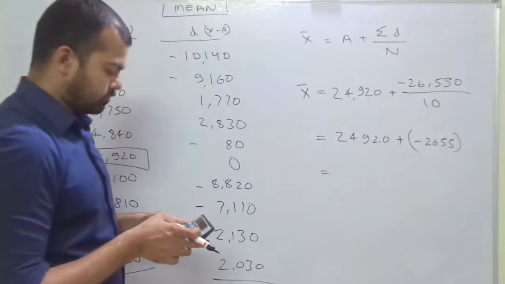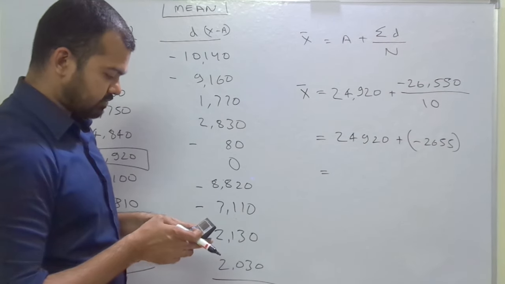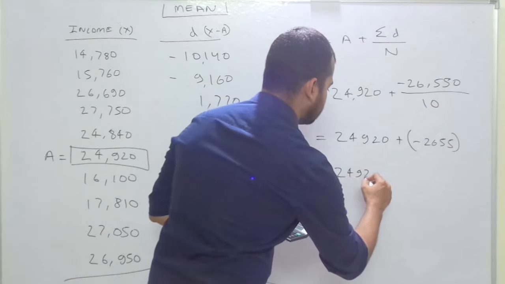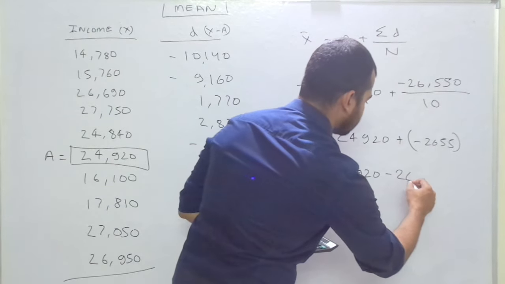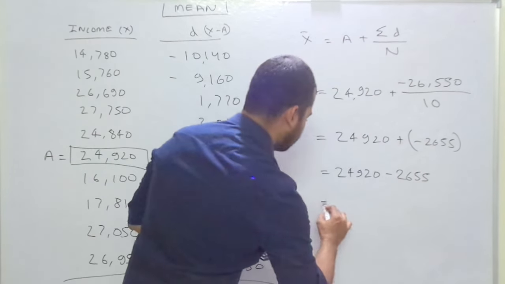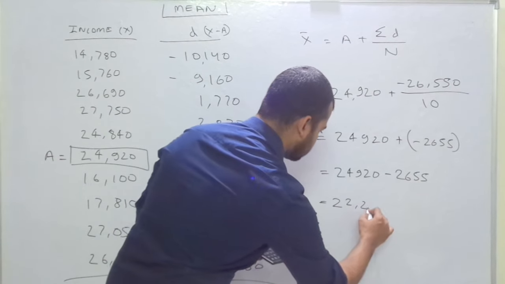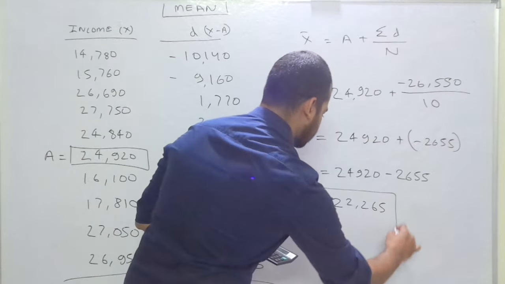So 24920 minus 2655. When we deduct this, the answer comes out as 22,265. So this is your mean value.